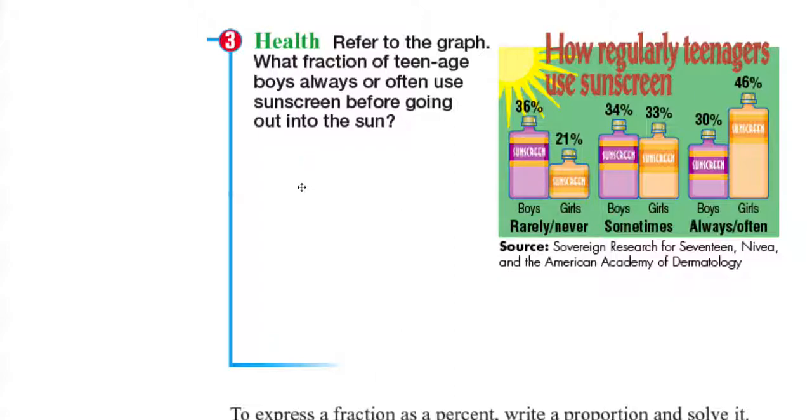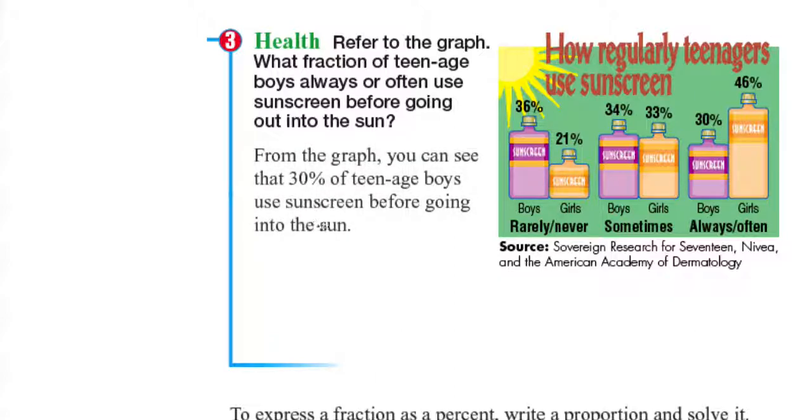After looking at that from the graph, you can see that 30% of teenage boys use sunscreen before going into the sun. So we want to express 30% as a fraction with a denominator of 100. So that becomes 30 over 100, and simplify that, that becomes 3 over 10.